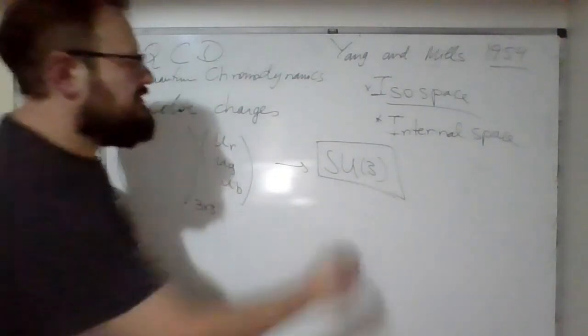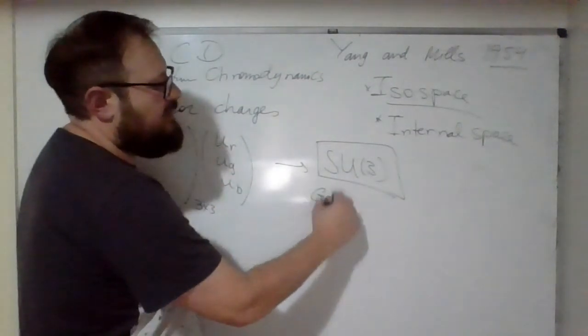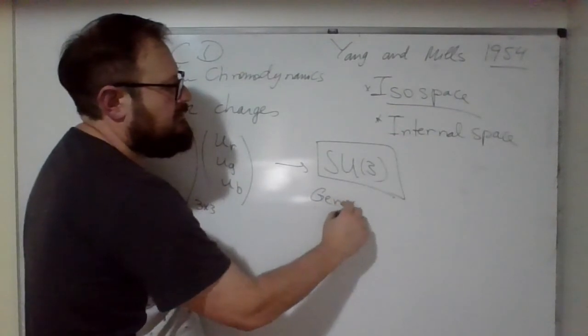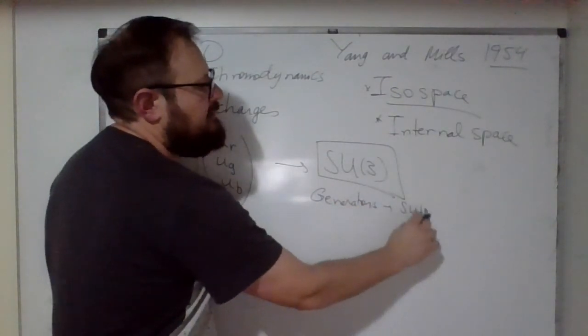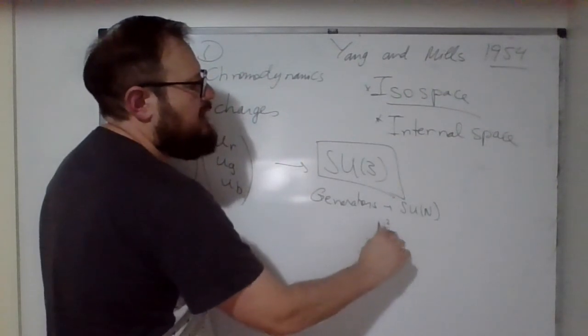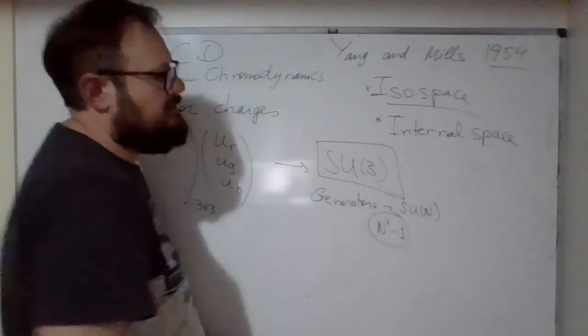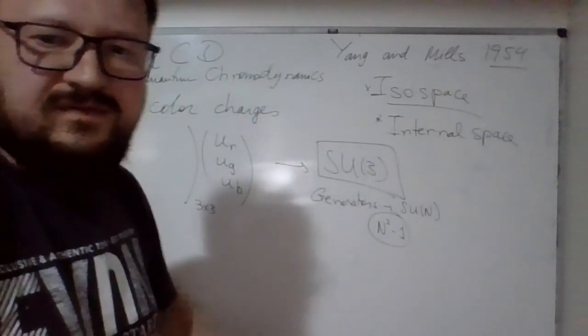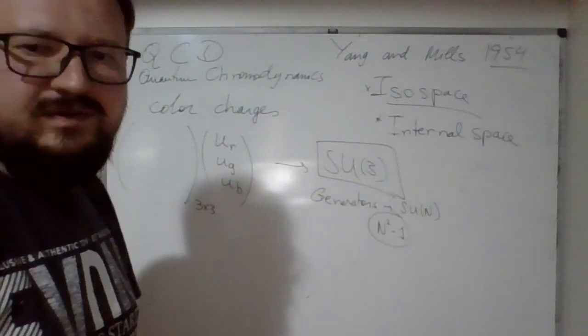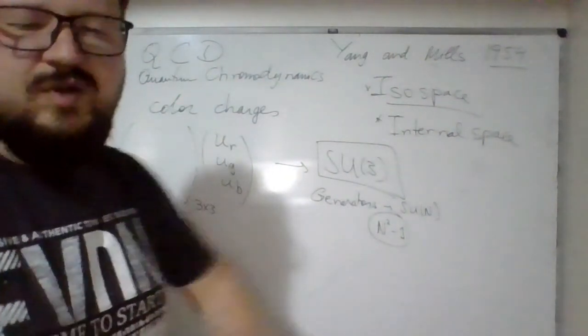As a matter of fact, the number of generators for SU(N) is N squared minus 1. Therefore, you get a set of 8 distinct matrices, which correspond to 8 parameters.